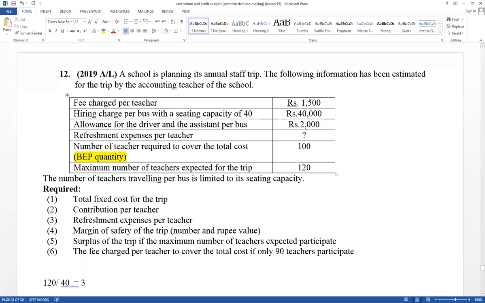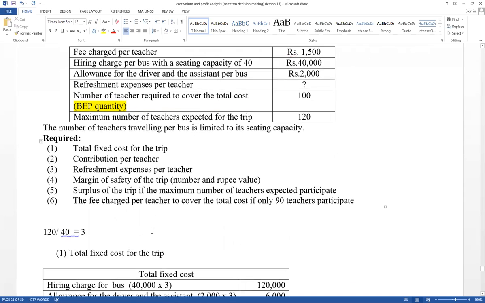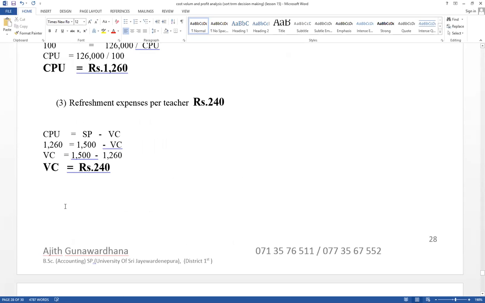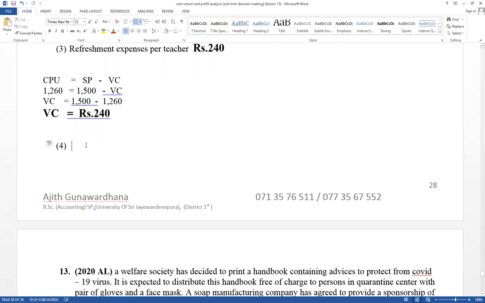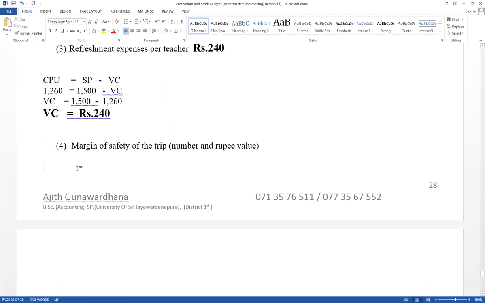Expected teachers participating minus break-even point teachers. Expected sales quantity minus break-even point quantity. Therefore, the equation covers both quantity and value. So the fourth one is margin of safety quantity as well as margin of safety value. First, calculate the quantity.